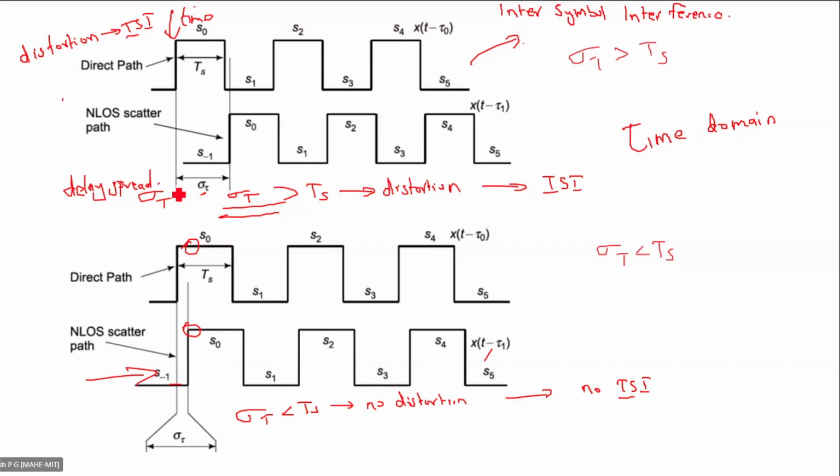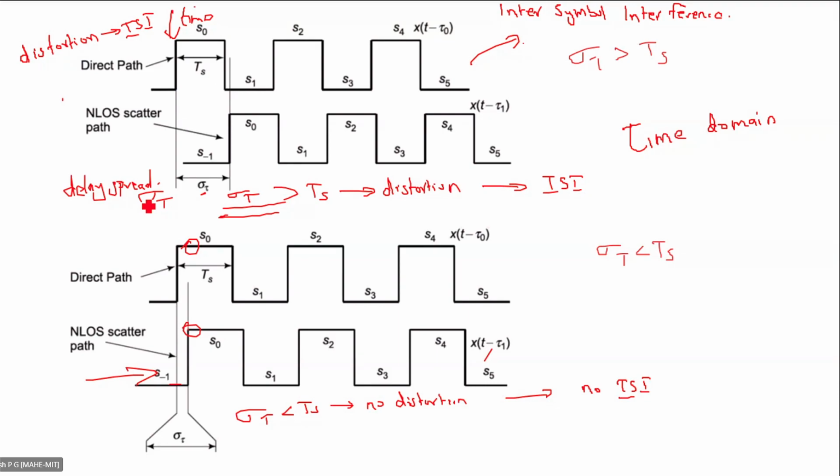Okay, so in the NLOS path, the S0 component starts after the time sigma t. Okay, so there is a direct path and there is an NLOS path. So the direct path starts here. S0, S1, S2, S3, S4, S5 are transmitted. Then in the NLOS path, the S0 component is transmitted after a time sigma t, which is the delay spread.